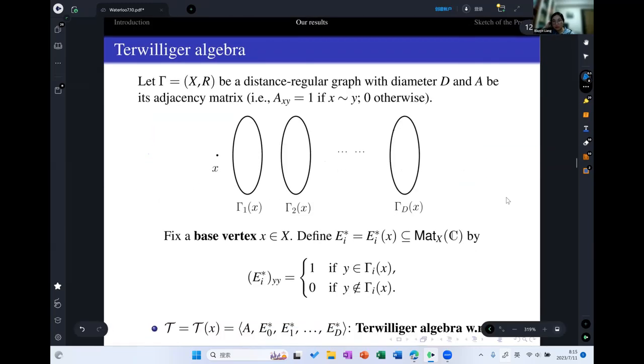Okay, let's introduce what thin is. This is related to the Terwilliger algebra. So here I show you the Terwilliger algebra. We let gamma be a distance regular graph with diameter d, and A be its adjacency matrix. So the adjacency matrix, the xy entry is 1 if x is adjacent to y, 0 otherwise.